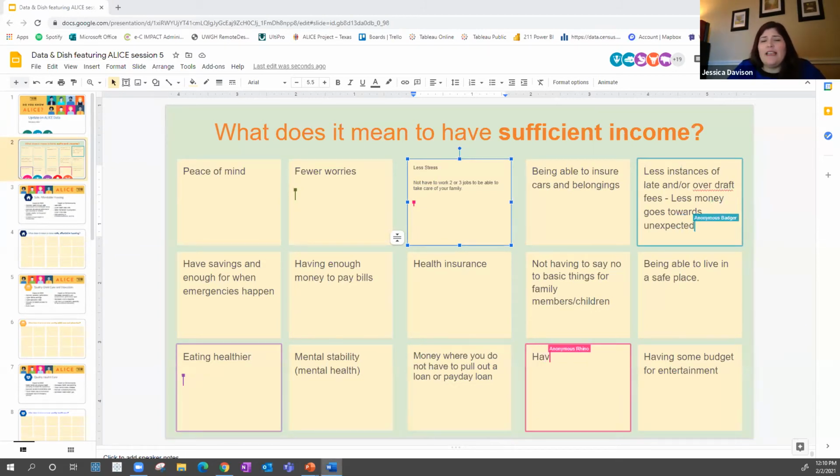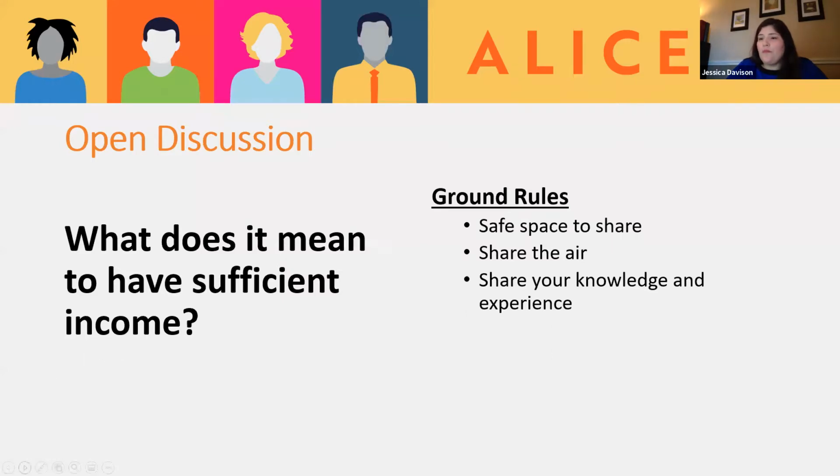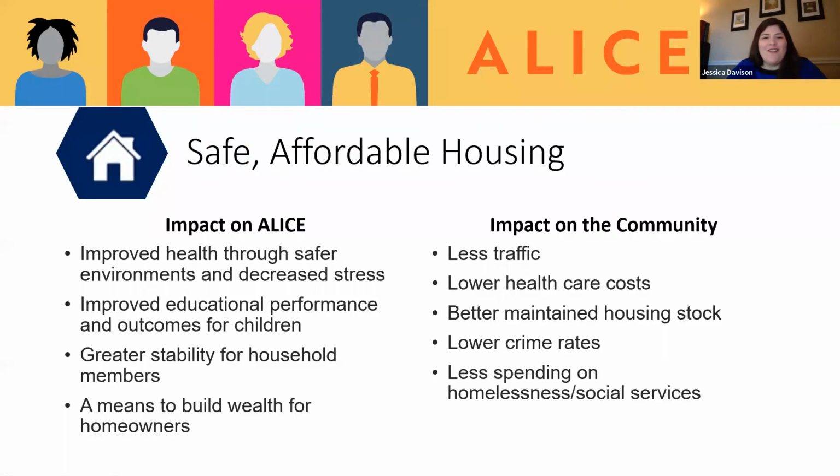Today we're going to dive a little deeper into the different elements of the budget, and what it means to have sufficient income in each area. Let me go back to this screen. Here we go. We're going to start with housing. Despite wide national variations, housing costs, for renters and owners, are consistently outpacing wages. Faced with higher housing costs, most ALICE households are housing burdened, meaning their housing costs more than 30% of their income.